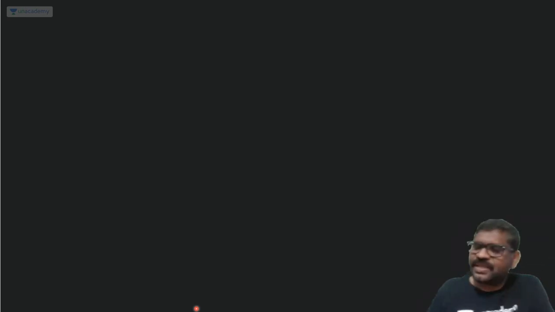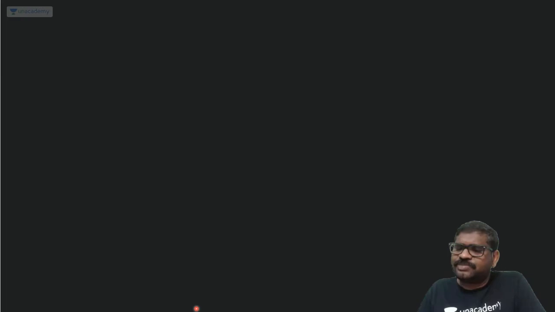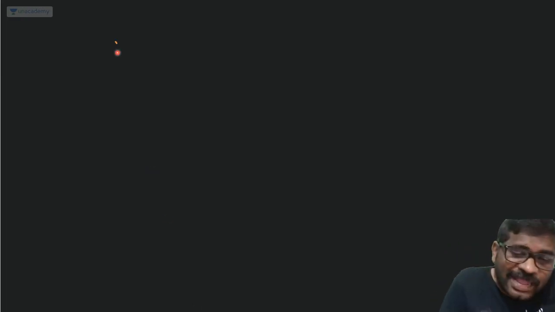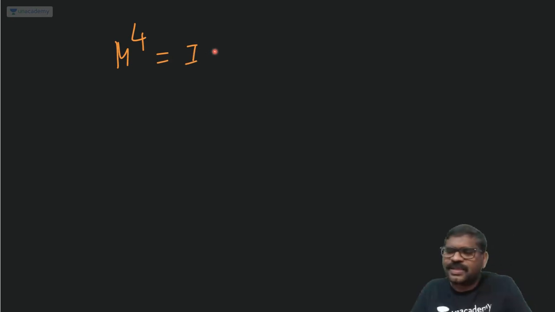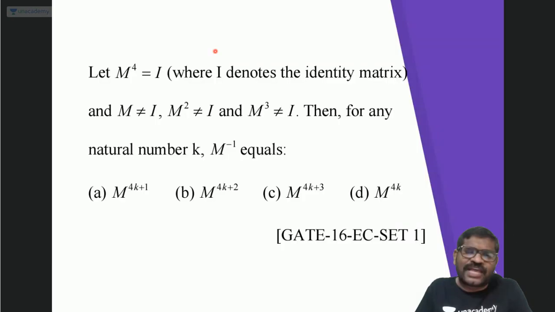Observe here. M power 4 is I; M is not I, M square is not I, M cube is not I. For any natural number k, M power minus 1 is... Okay. Observe.